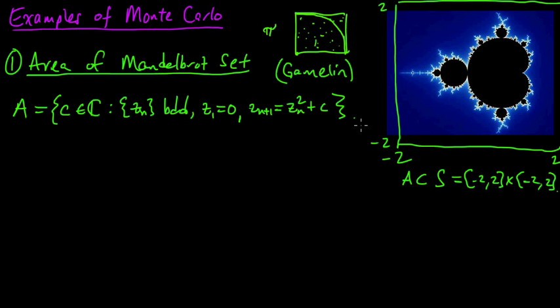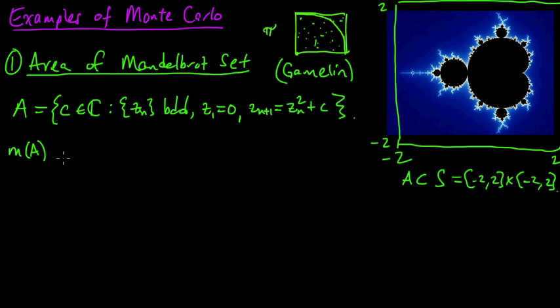So we want to compute the area of this thing, M of A. M for Lebesgue measure. Area is our intuitive notion for Lebesgue measure in 2 dimensions. And so how are we going to do this?